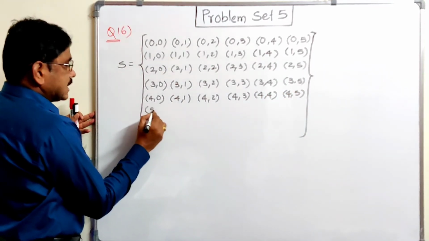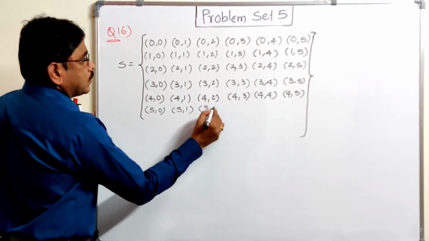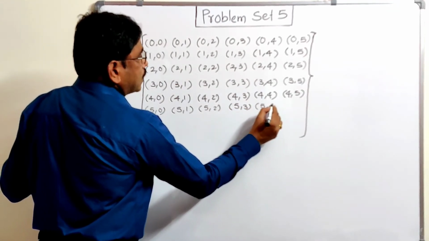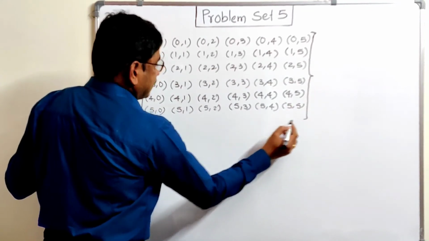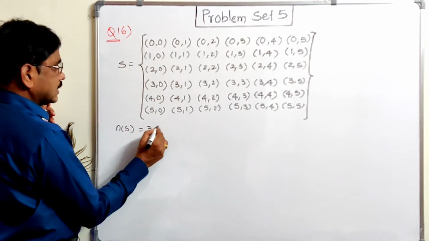After that, last will come 5 0, 5 1, 5 2, 5 3, 5 4 and 5 5. So total numbers are 36. So we get n(S) is equal to 36.